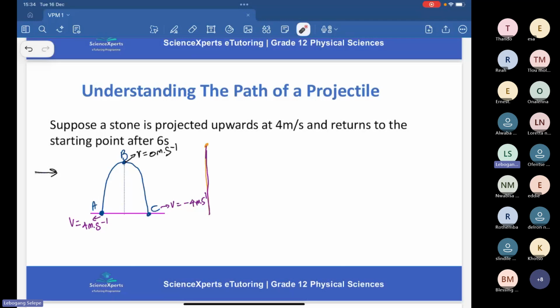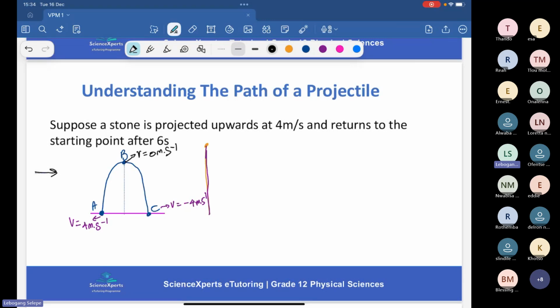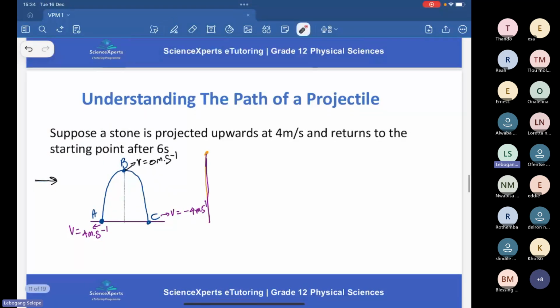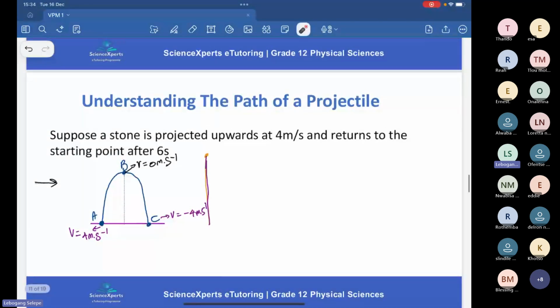Gradient is the measure of the steepness, right? Yes. And the steepness does not care about the direction. So when I'm saying that the gradients are the same, I mean the magnitude.